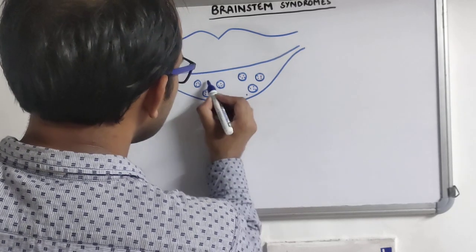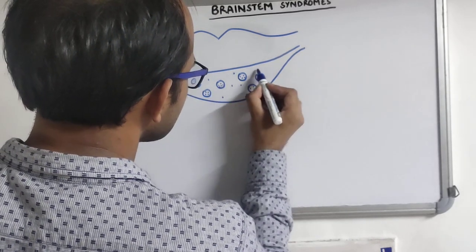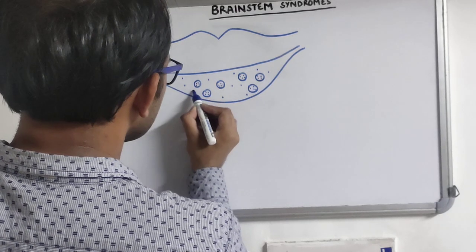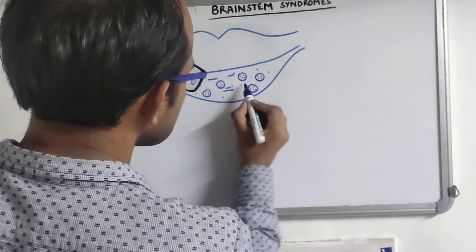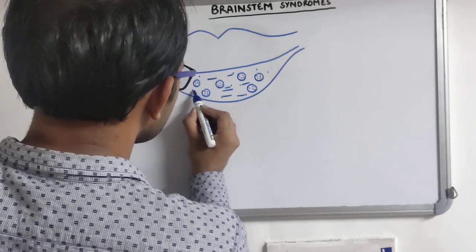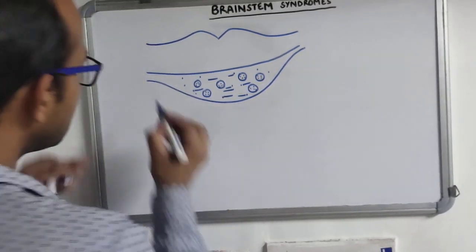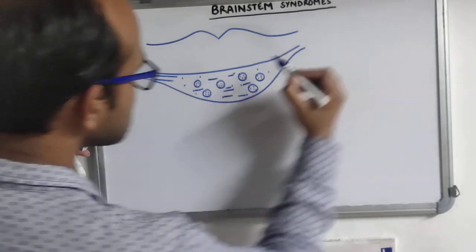These are the pontine nuclei and these are the pontocerebellar fibers. This is the middle cerebellar peduncle.